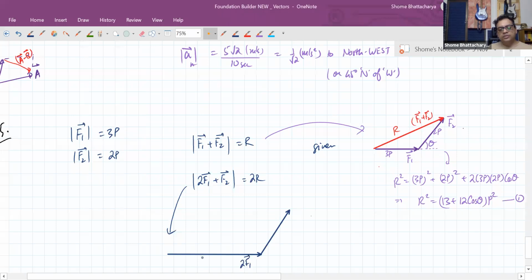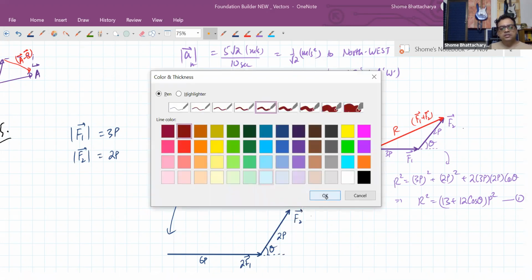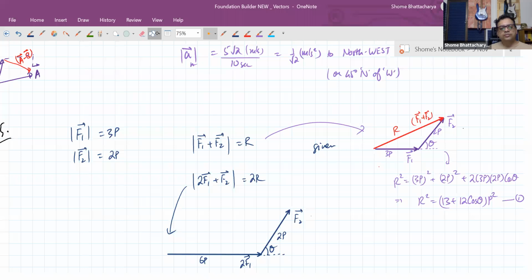What will its magnitude be? Its magnitude will be 6p, but the angle it is making with F2 will be the same. It will be the same theta as this one, and F2 is again of magnitude 2p. Okay. And this time their resultant, the resultant of these two, is this one, and apparently it has a magnitude of 2R.